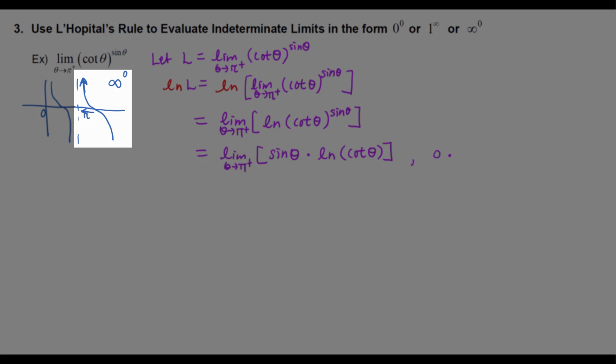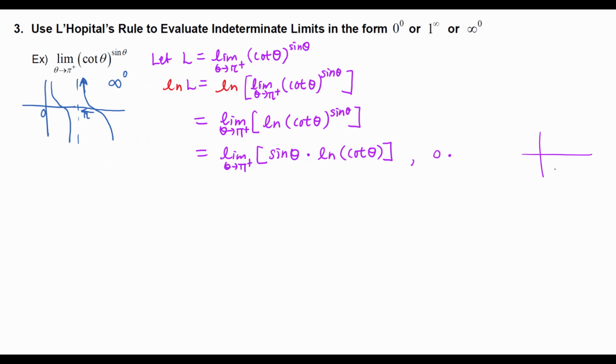You saw cotangent pi from the right is infinity, and remember this is an ln function, so when the input goes to infinity, the ln function also goes to infinity. So you have 0 times infinity. You would like to make it 0 over 0 or infinity over infinity, but I would like to keep ln on the top so that I know how to take the derivative of ln u. So let's just do that.